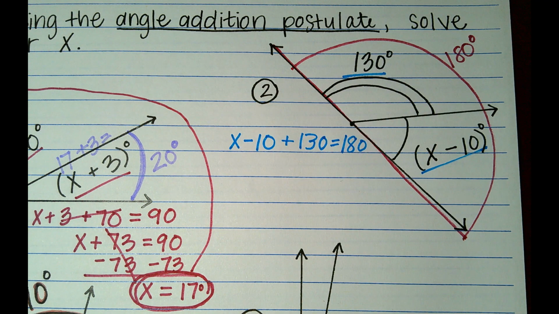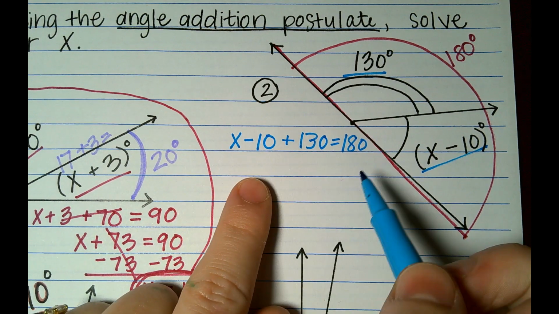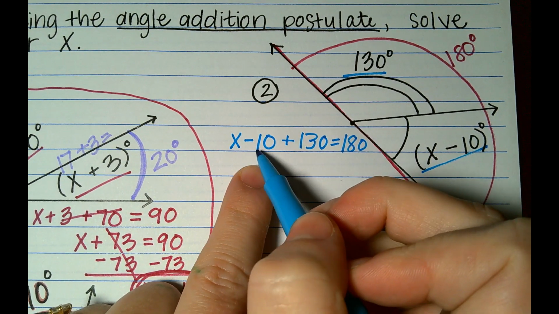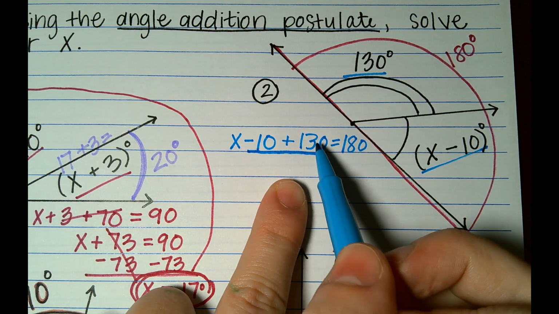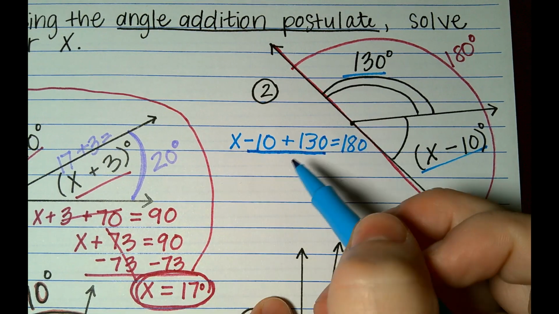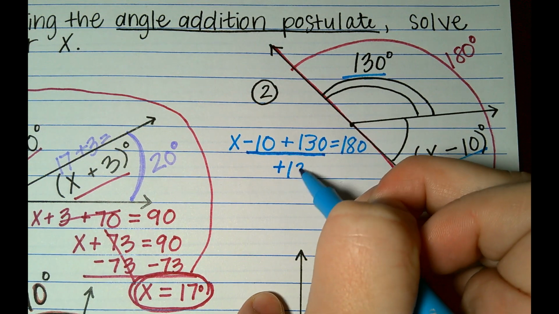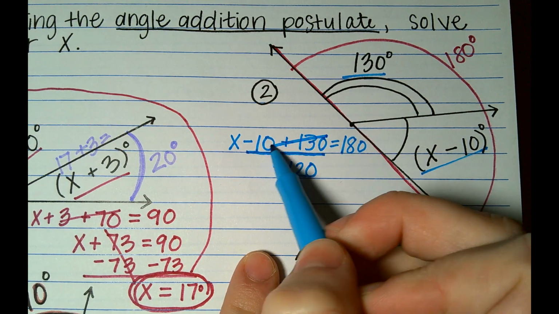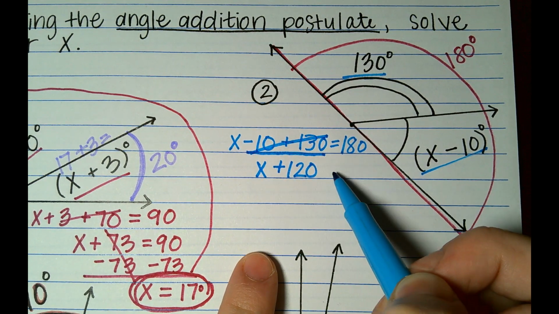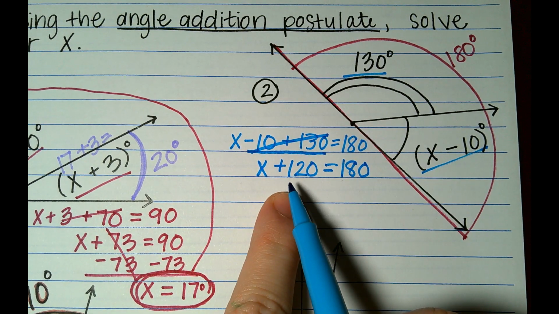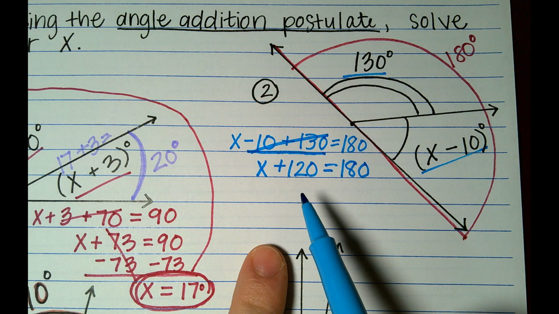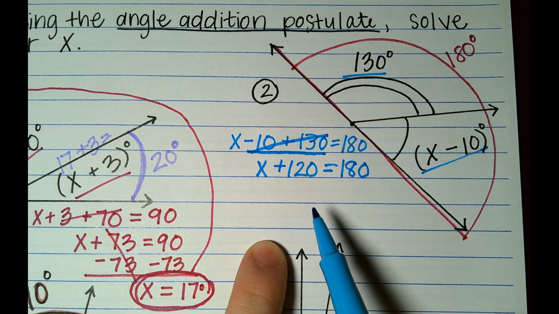That'll be x plus 120. Yes, so what you just did there, you combined these like terms. We have minus 10 plus 130. We add those together, we get 120. So x plus 120 equals 180. Did anybody get x plus 140? Yeah, I did.